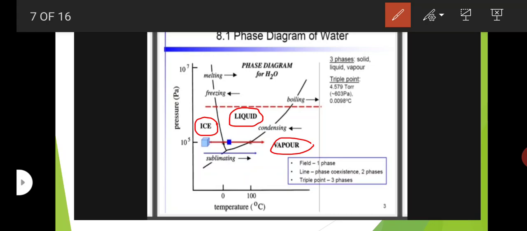With increasing temperature, first ice melts and turns into liquid. Again with increasing temperature, that liquid boils and turns into vapor. This is the phase diagram of water. Here this water system is having three phases: solid phase, liquid phase, and vapor phase.